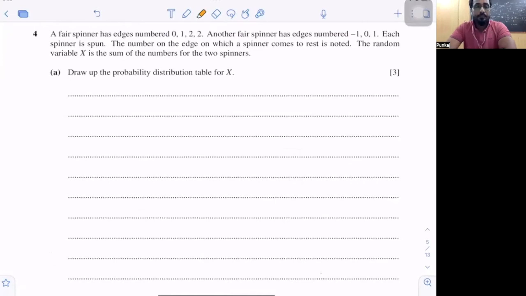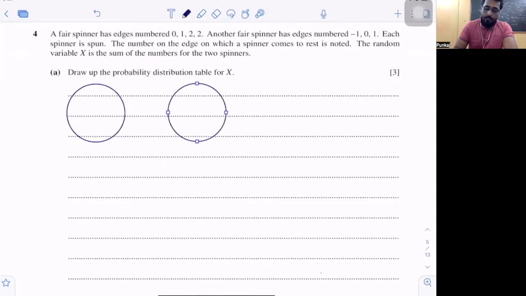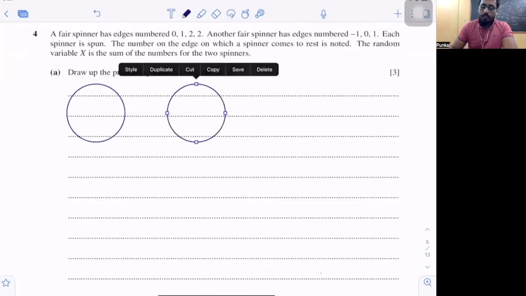What's given to us? The question says a fair spinner has edges numbered 0, 1, 2, 2. So we have a spinner and its edges are numbered as 0, 1, 2, 2. So I'm quickly going to draw a simple diagram. Let's say that's a spinner. I'll draw one more spinner because there is another fair spinner.